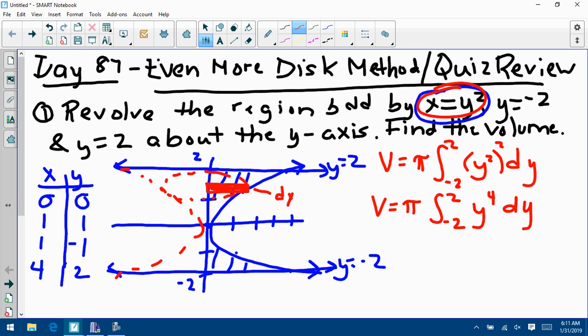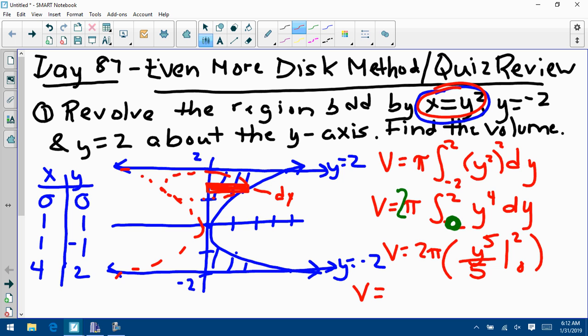Now remember, if you don't want to plug in -2 and 2, this is a symmetrical situation again. So what the book would do, and what you might want to do if you're a little algebra deficient, is to say that if I take double the integral from 0 to 2, I'll get the same thing. It's up to you. You don't have to do that. You can still just do pi times the integral from -2 to 2 also, but this just makes the algebra a little bit easier. Okay, so now we have the volume is going to equal 2 pi times y to the 4th becomes y to the 5th over 5, evaluated from 0 to 2.